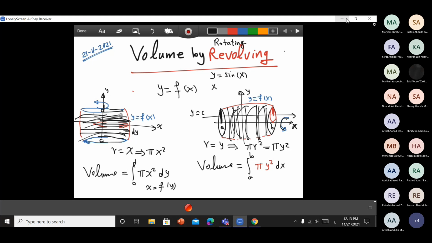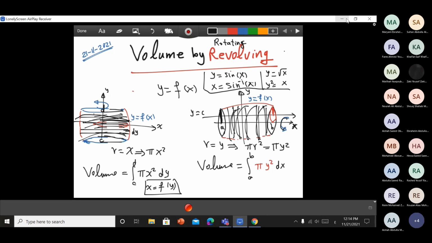So x will be what? Yes, the inverse function. Let's have another example. If you have y equal to root x, so x will be y squared. This is how to find x as a function of y, if it is possible, right? To integrate with respect to y in this case, right?